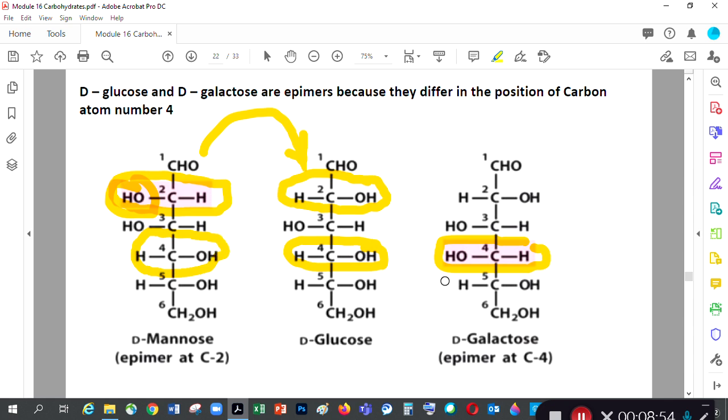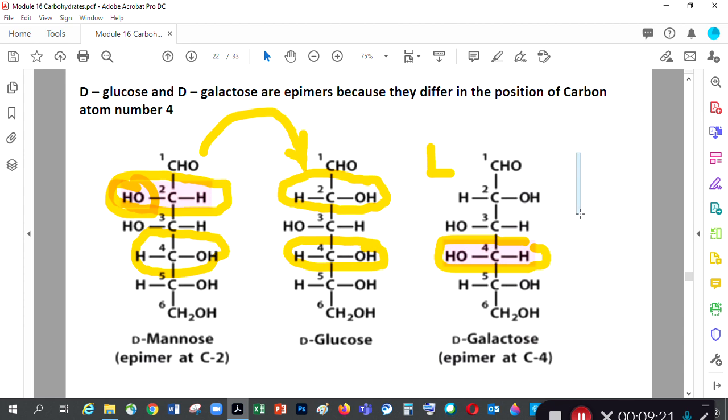Now what you can tell, the OH at galactose number 4 is up. So the left side is up. This is the left side, this is the right side. I'm trying to draw it, but anyway, you get the idea.